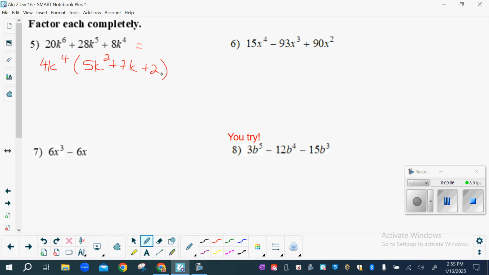So now, are we going to factor again? Can we factor again on this one? Yes, it's going to be a little bit different though. When we go to make our x, what goes up on the top? 5 times 2 or 10.